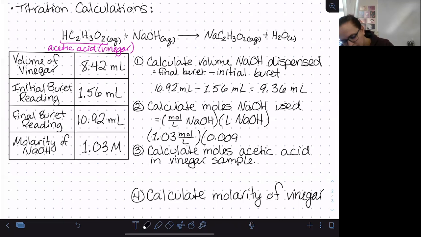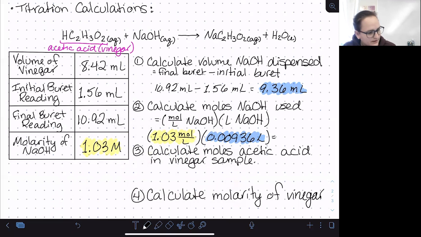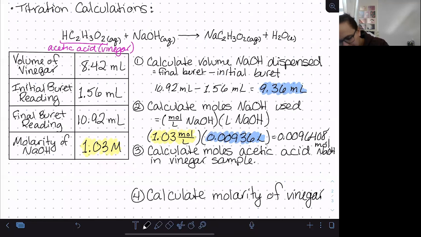Our volume in liters is 0.00936. So this value is coming down here. Our molarity is given, and this gets us 0.0096408 moles of NaOH. I'm carrying some extra sig figs at this point. I don't want to round until the very end to avoid any unnecessary error.